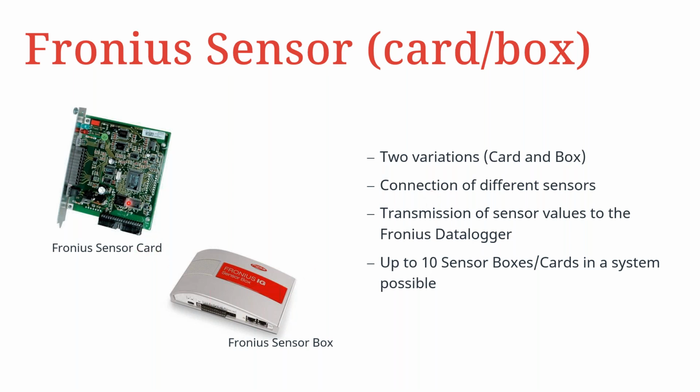So if the distance from where this particular sensor will be to the inverter where the sensor card is integrated will be more than the sensor cable length, then it will be better to integrate a sensor box instead of the sensor card, because the sensor box allows you to be as close as possible to the sensors without any modification on the sensor cabling.